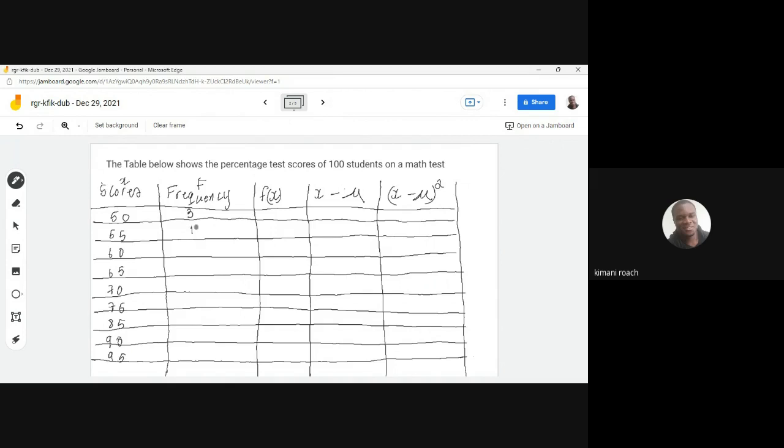Let us say 10% scored 55%. Let us say 12% scored 60%. Let us say 15% scored 65%. Let us say 20% scored 70%. Let us say another 15 students scored 75%. Let us say 12 students scored 85%. Let us say 10 students scored 90%. And let us say 3 students scored 95%.